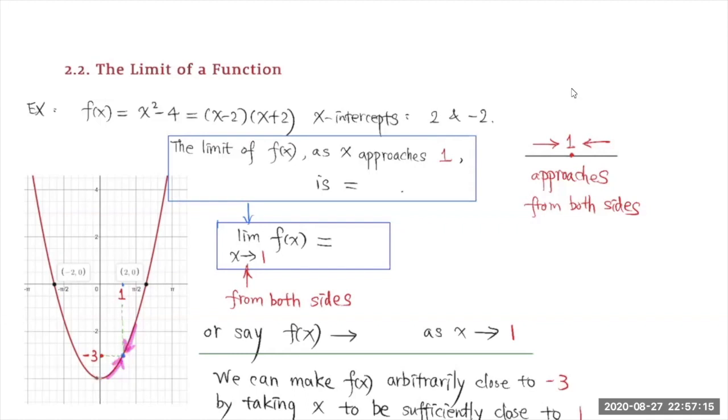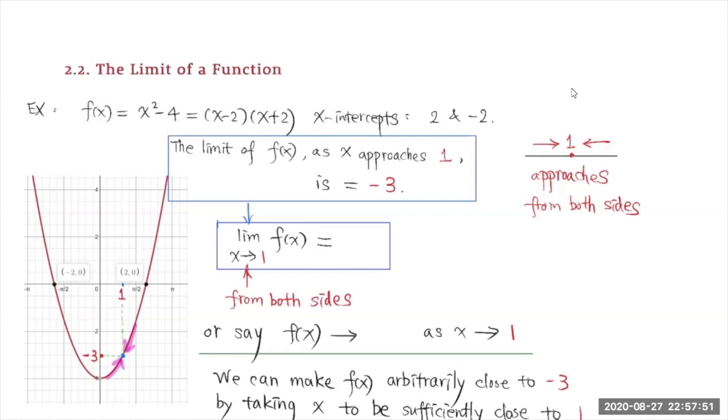Well, the function value f of x, as x gets closer and closer to 1, the y value is getting closer and closer to this number, which is negative 3. So we say that the limit of the function as x approaches 1 is equal to negative 3.